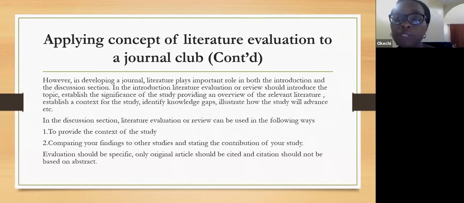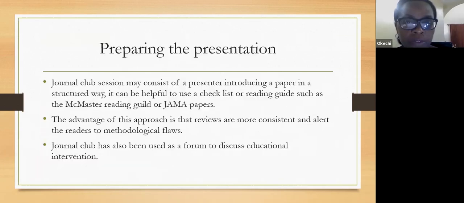Okay, applying the concept, that's continued. Let's go to the next slide. I think we talked about some of this too. Okay, preparing the presentation. A journal club session may consist of a presenter, we've talked about it, introducing the article in a structured way. It can be helpful to check a list of reading guides, like the McMaster Reading Guide or JAMA papers.